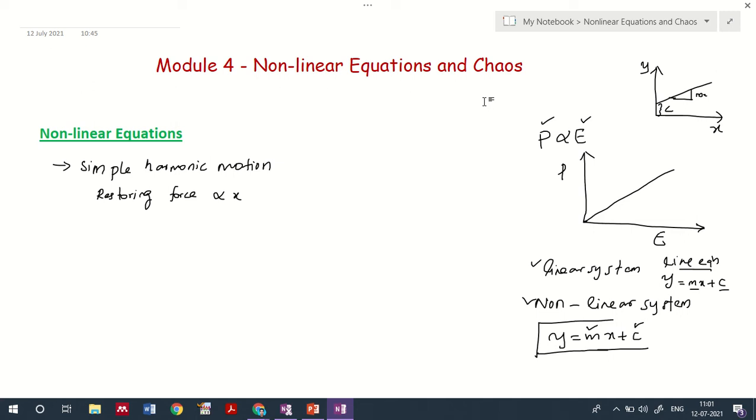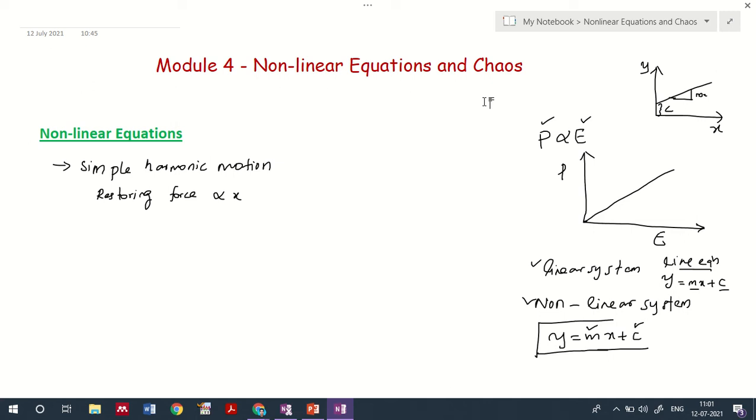The atmospheric cloud is a classic example of a chaotic system, because we cannot actually define the shape of a cloud. A cloud can be in different shapes, and there is no proper shape for a particular cloud. It doesn't have a properly defined property. We cannot define it linearly.